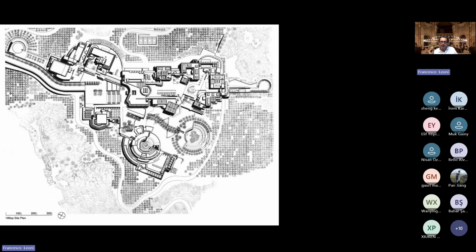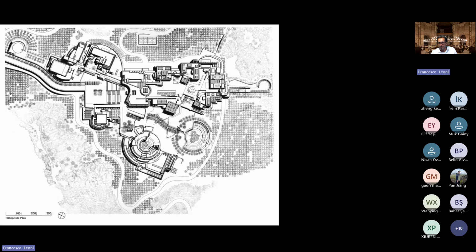Again, the same elements, circular floor plan, axis, hypotaxis, parataxis, ponderal symmetry, the presence of the theater, and everything managed and organized according to exactly the same principles.